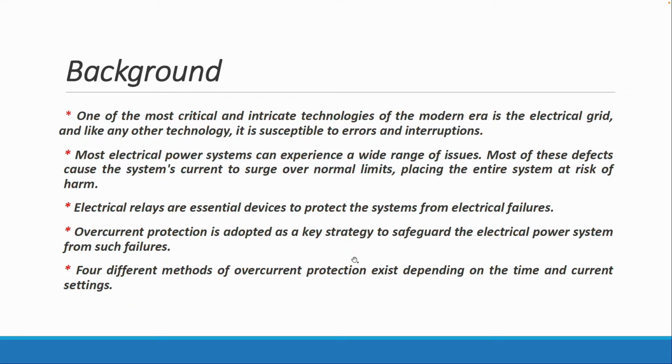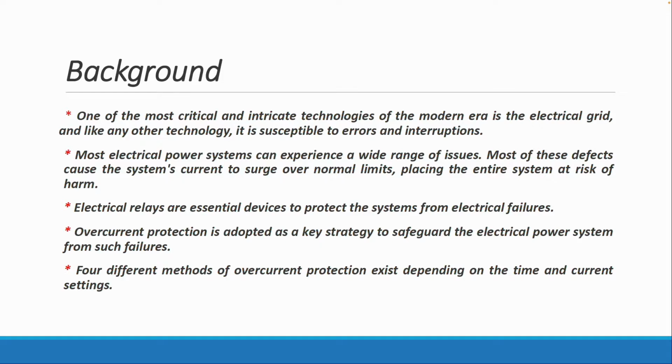Starting with the background, the electrical grid is one of the most important and complex technologies in electrical power systems, and like any other technology, it is exposed to faults and interruptions.